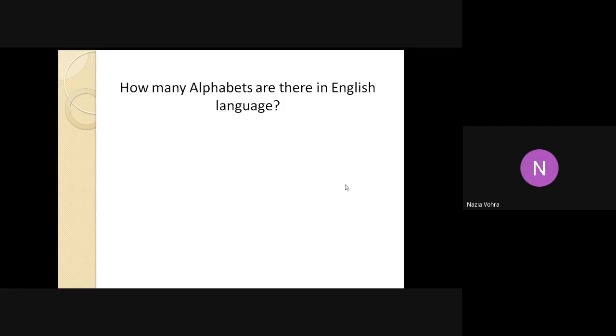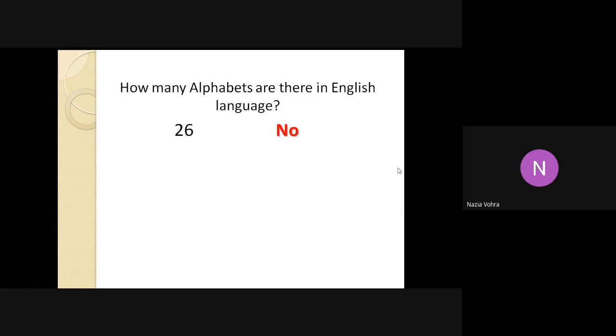Any other guesses? How many alphabets do we have in English language? Any more guesses? 26? Okay. 26. Perfect.